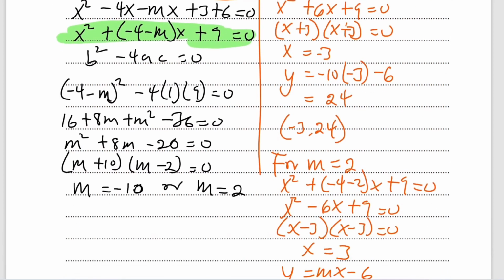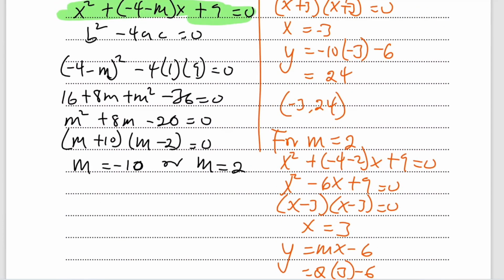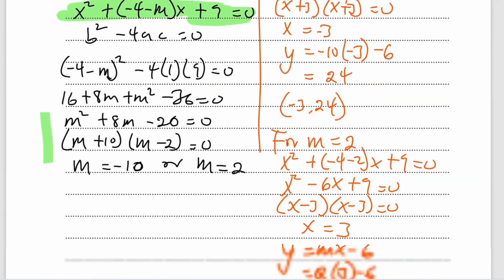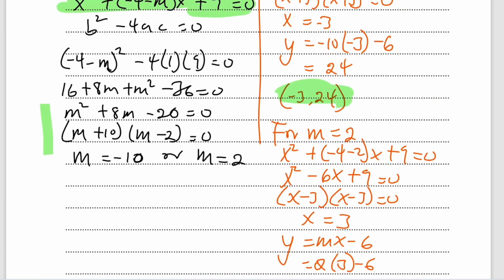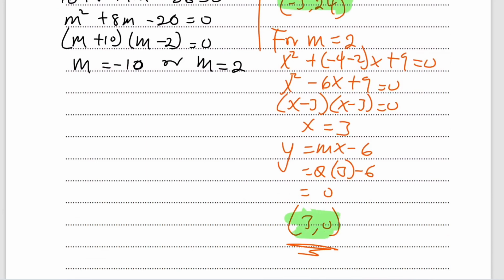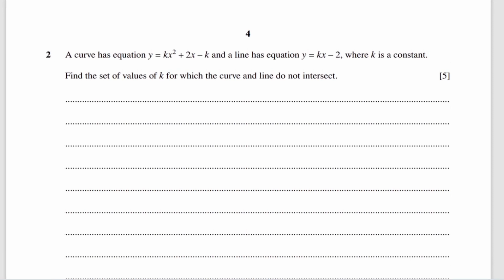But you have to do it twice because the quadratic and the line were meeting at 2 points. This point, and that point. Okay, all right, let's move on. We will see more questions like that though.